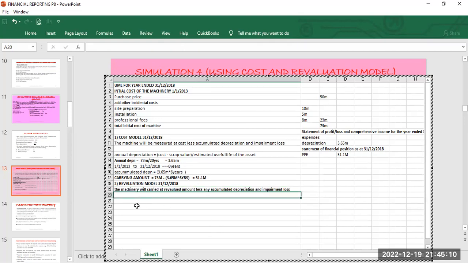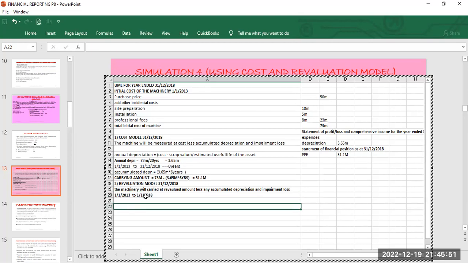And when you have given that, you can go ahead and do the analysis of the years. First of all, we need to analyze the years because the asset was bought on 1st January 2013, and they did the revaluation on 1st January 2018.